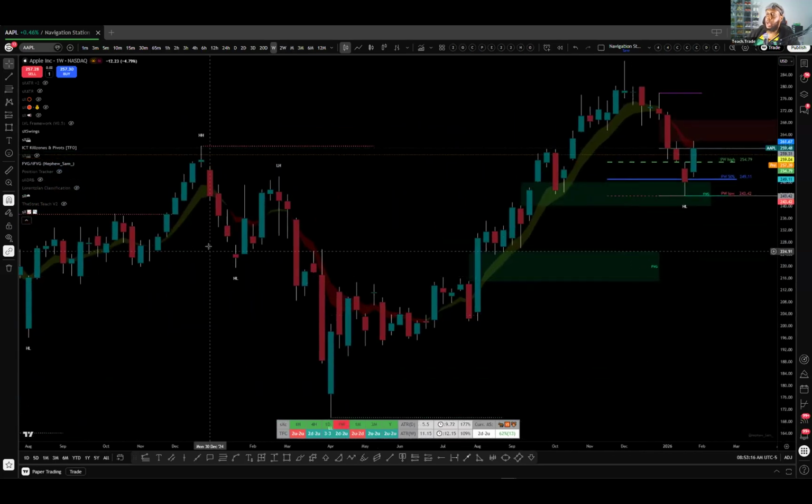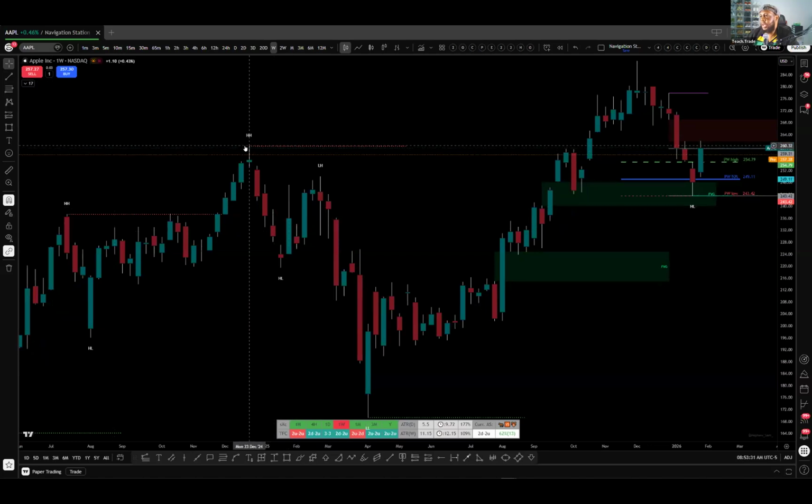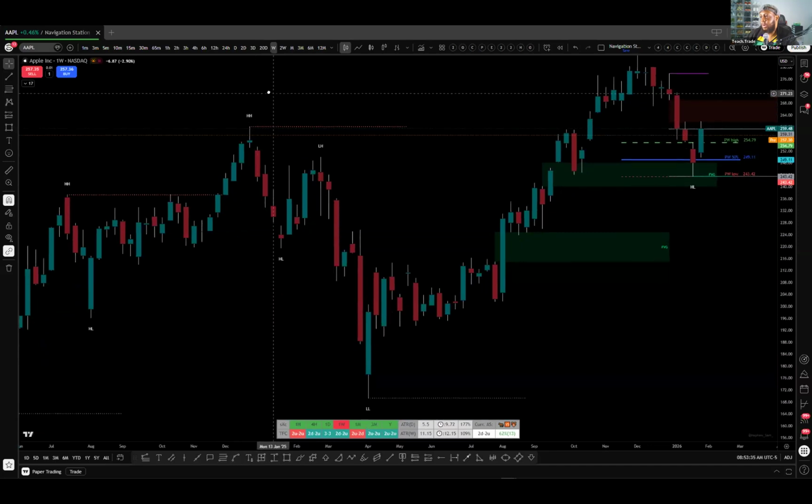And so in general, what I will be looking for Apple to do is hold strong back above this swing high here. So if we zoom out here on the weekly, let me just take some of these things away because it's kind of distracting. We have this swing high, as we said, marked right there, and then we have a swing low down here.